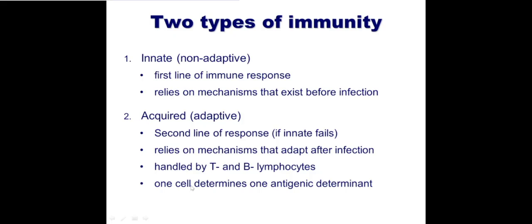Acquired immunity is also one cell, one antigen determinant, meaning one cell, one antibody only determines one type of antigen, not more than one type. These are the key terms of acquired immunity.